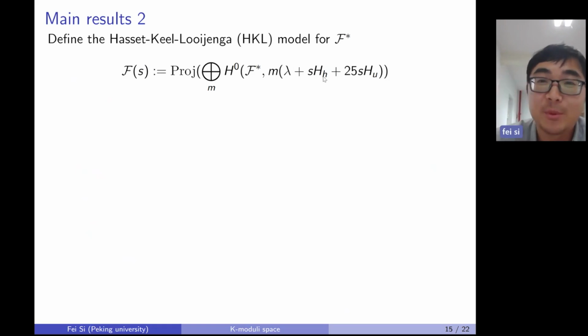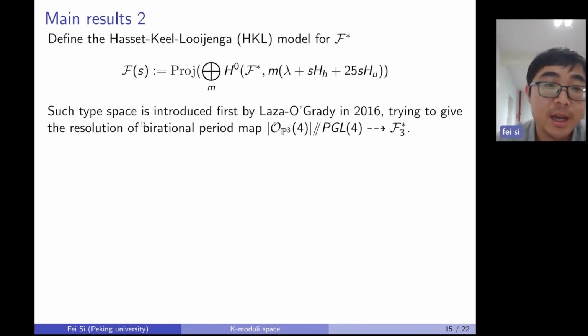You will see later why we choose these coefficients. Actually, such type of space was introduced by Laza and Odaka in their work to try to give a resolution of period maps from the GIT of quartic surfaces to the Baily-Borel compactification.